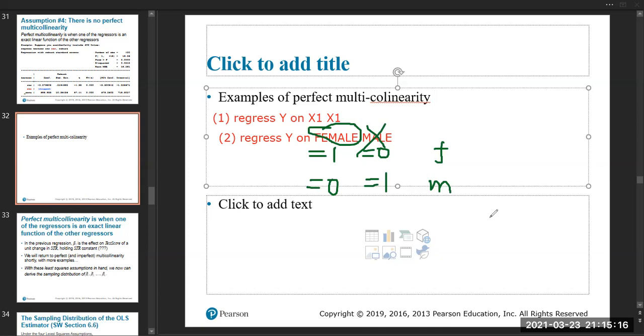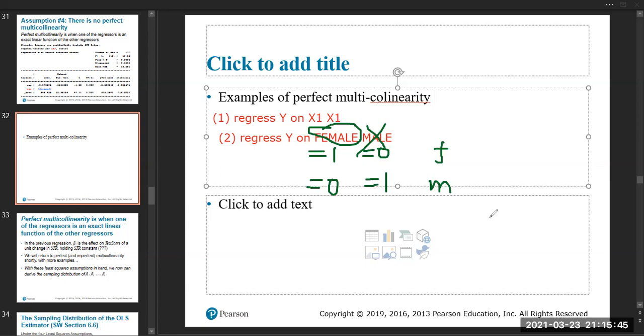The male variable doesn't add any new information into this model because it's the same information, just like example 1, where x1 already tells me everything about x1. If you put in x1 again, it's not adding any new information. Then it's multicollinearity.